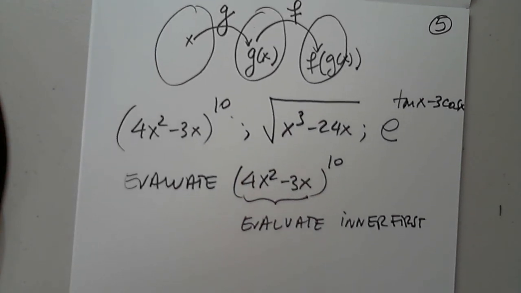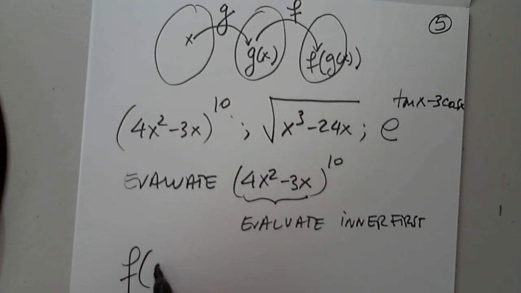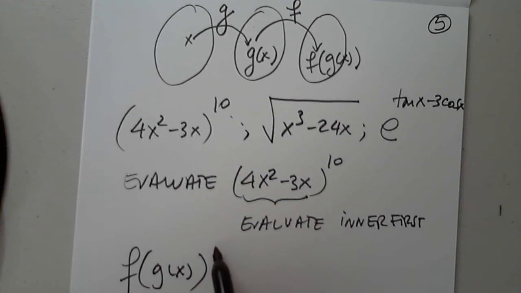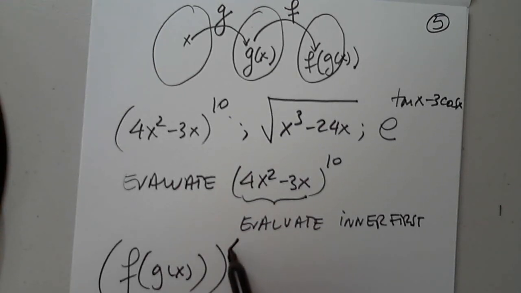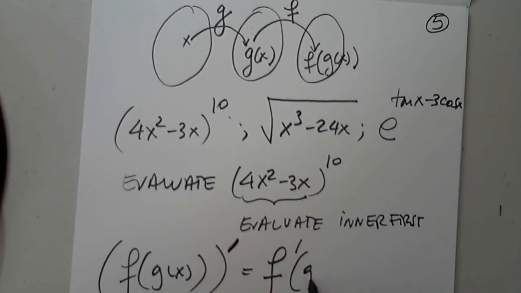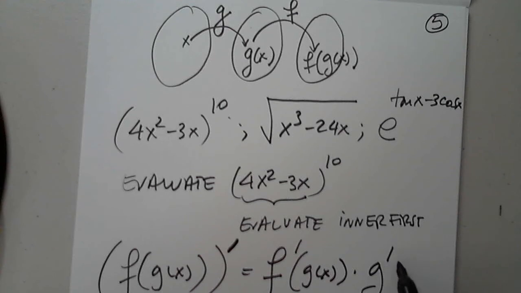But when we differentiate f of g of x prime, we differentiate the outer of the inner times the inner function prime. If we have a third inner, times that function prime, and so on and so forth. It goes on forever. That's why it's called a chain.